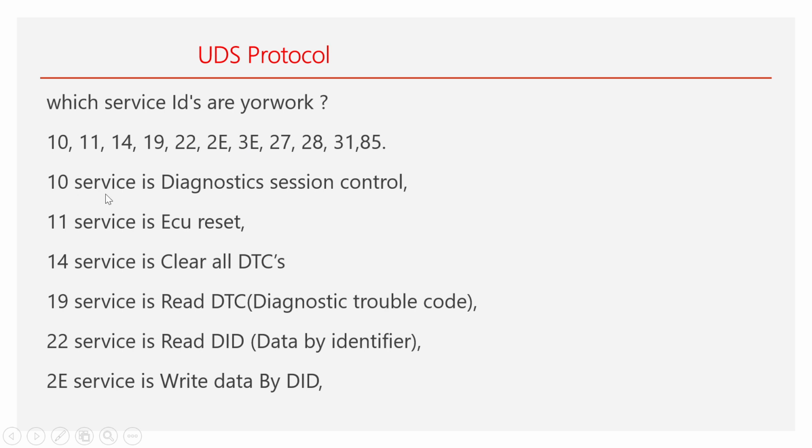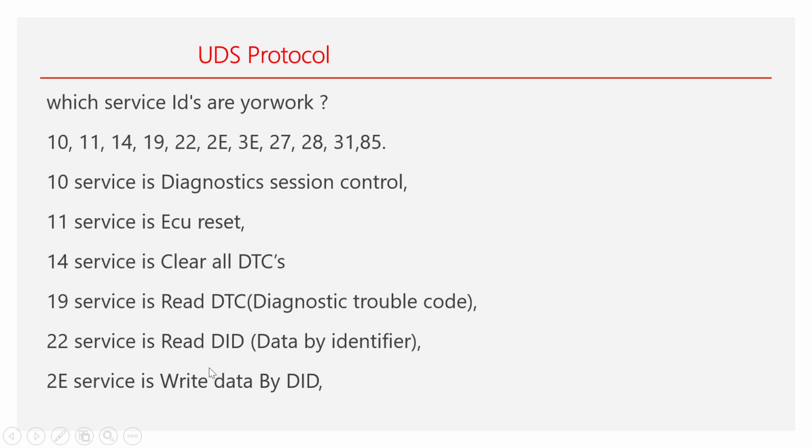The 10 service is diagnostic session control. The 11 service is ECU reset. The 14 service is clear all DTCs. The 19 service is read DTC, where DTC means diagnostic trouble code. The 22 service is read data by identifier.